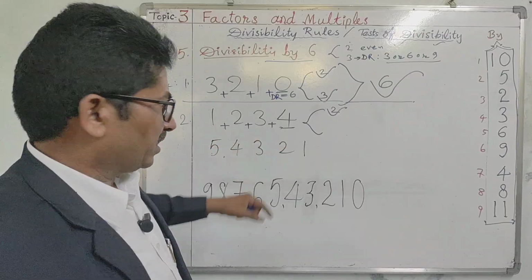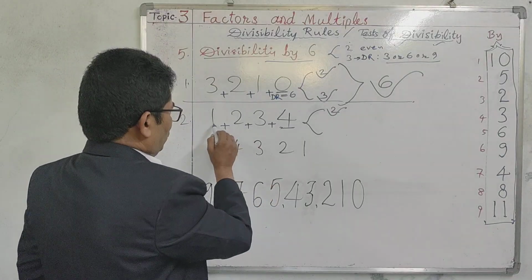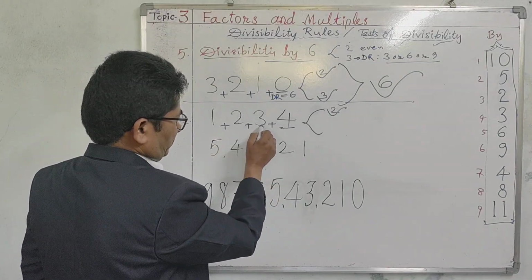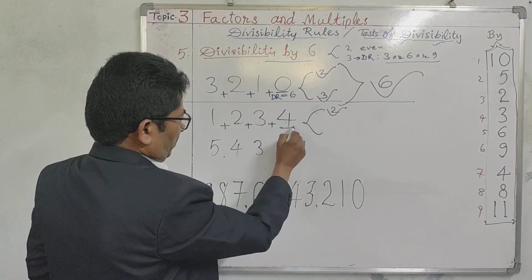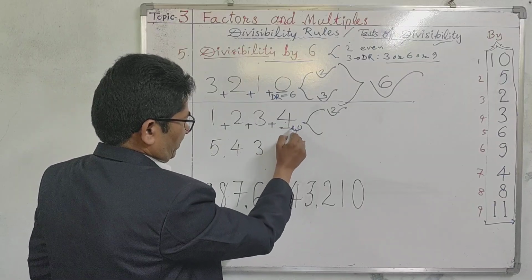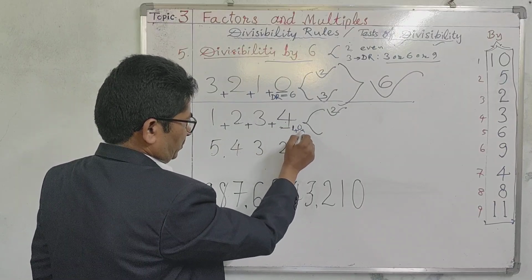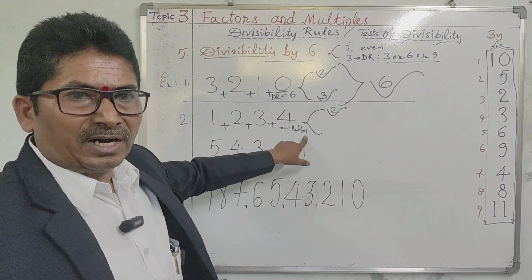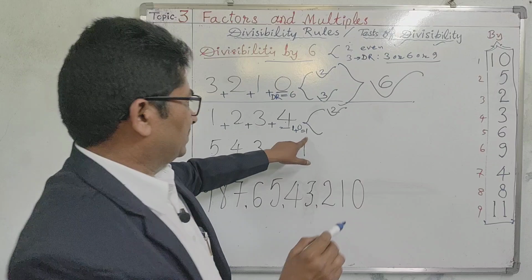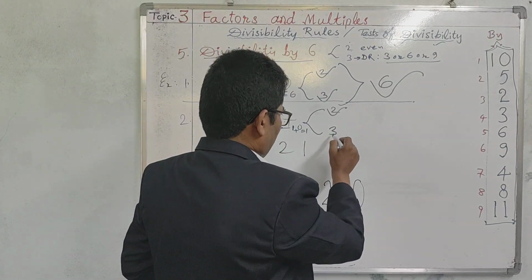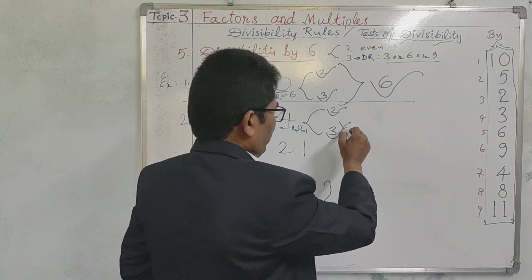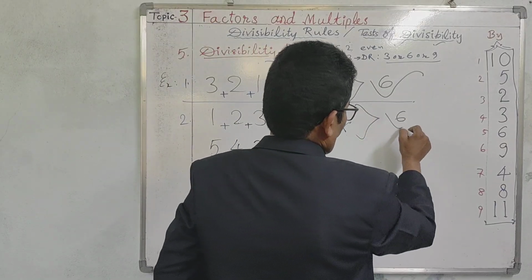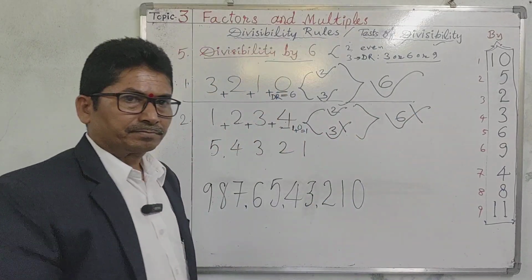We have to find the digital root. 1 plus 2, 3, 3 plus 3, 6, 6 plus 4, 10. It is a 2-digit number. Once again add this, 1 plus 0, 1. So here we get 1 as the digital root. So that's why this is not exactly divisible by 3, and so it is not exactly divisible by 6.